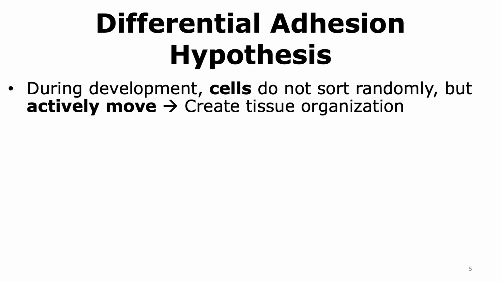We're now going to look at a hypothesis called the differential adhesion hypothesis. This hypothesis was built on the fact that during development, cells do not sort randomly, but actively move to create tissue organization.